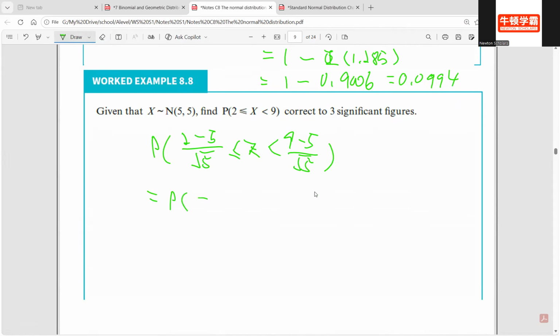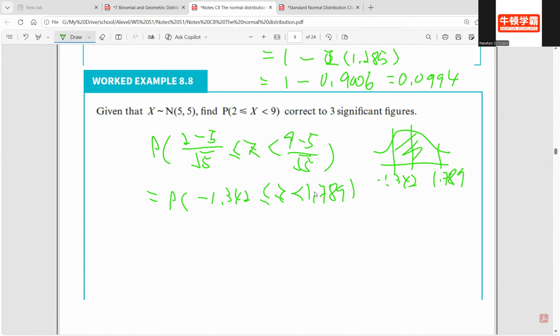Actually, I will get negative 1.342, 1.789. Negative 1.342, 1.789.